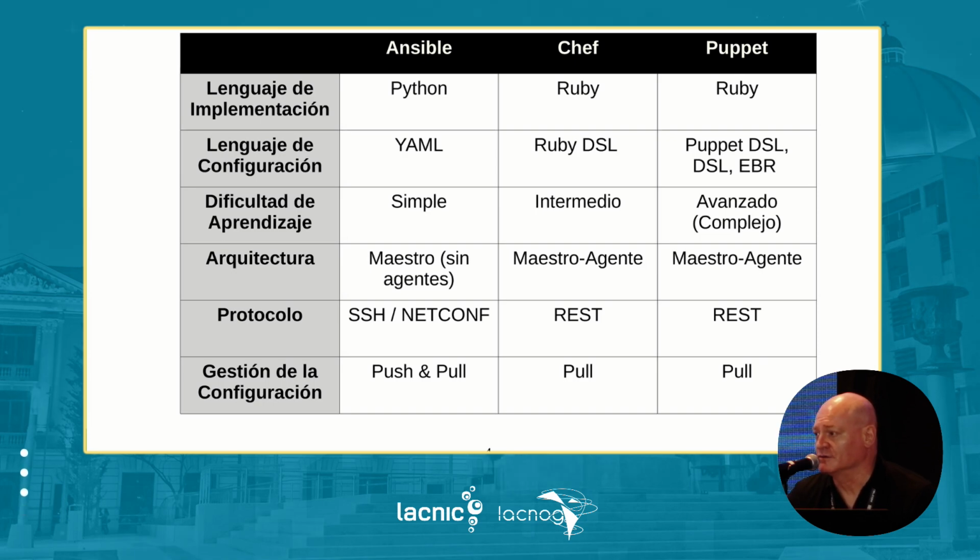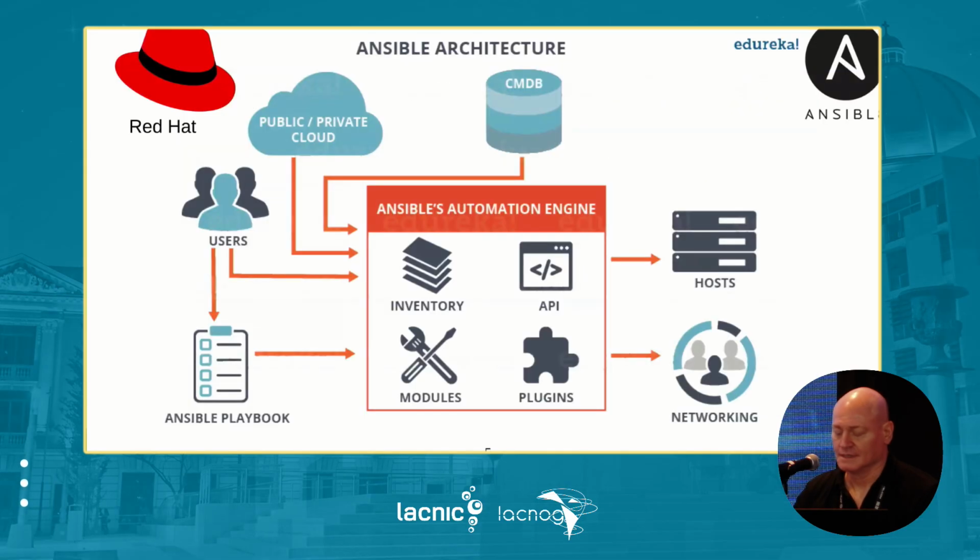Many use Secure Shell, and here it is also used as a protocol for configuration. Others use REST. And then we have the management. In many cases, this is pull management. In the case of Ansible, it's push and pull.